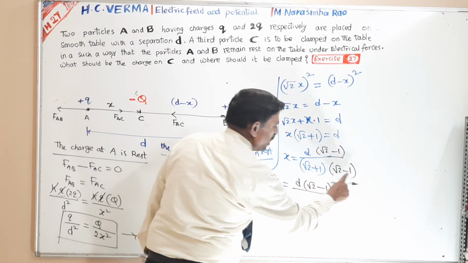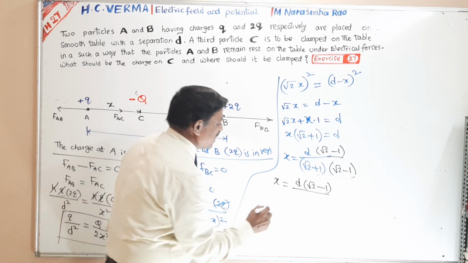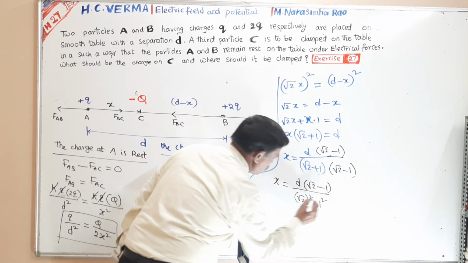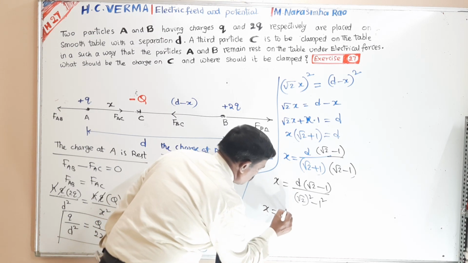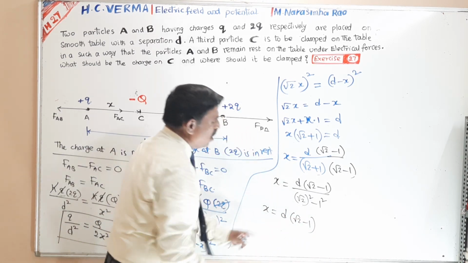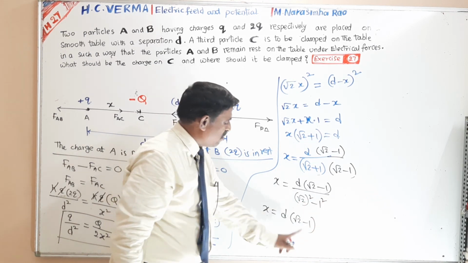A plus B into A minus B is A square minus B square. Root 2 square minus 1 square. X is equal to D into root 2 minus 1 by root 2 square minus 1, square root cancels to 2 minus 1, no need of writing 1.